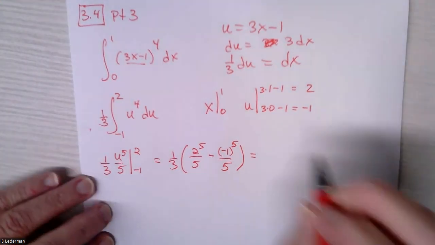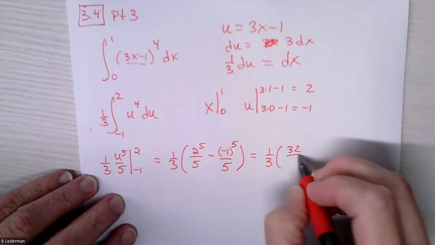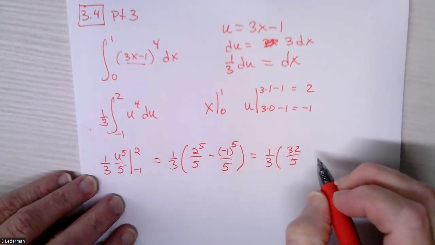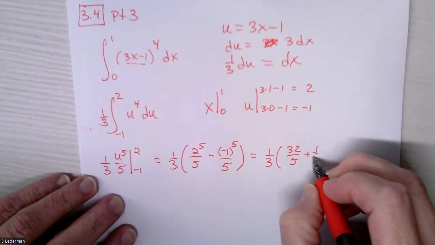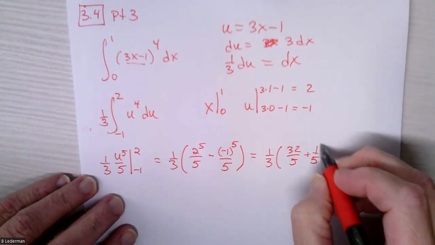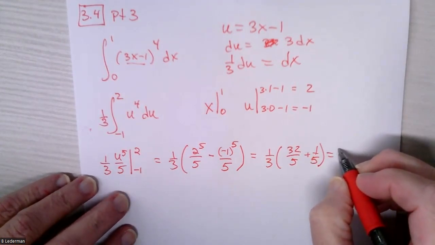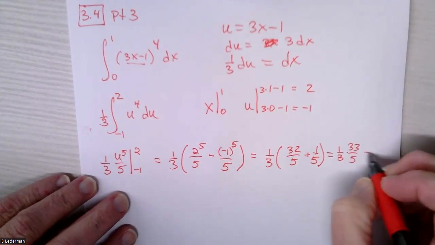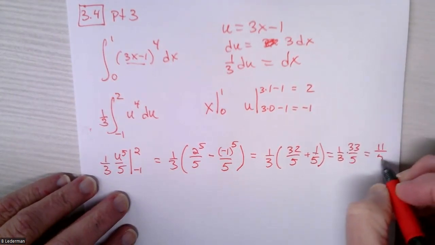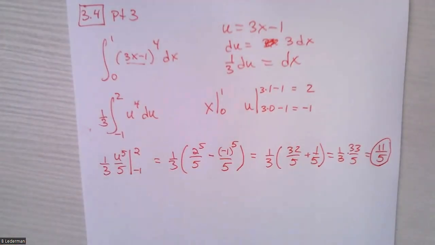And that's going to equal 1/3 times 32 fifths, plus 1/5, which is 1/3 times 33 fifths, which is going to equal 11 fifths. And that's my final answer, 11 fifths.